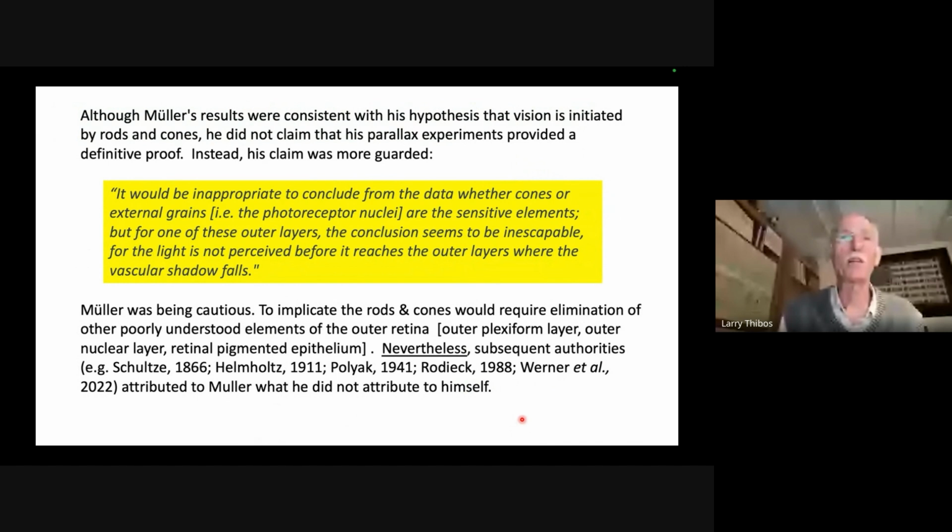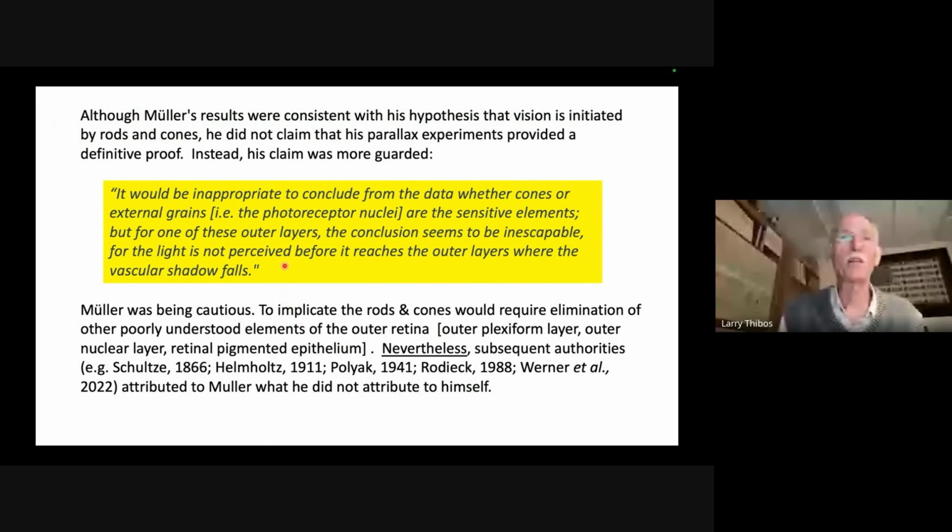Now, although Müller's results were consistent with his hypothesis that vision is initiated by rods and cones, he actually did not claim, in print anyway, that his parallax arguments provided a definitive proof. Instead, his claim was more guarded. He was careful with his words. And here's a quotation from his paper, that famous 1854 paper.